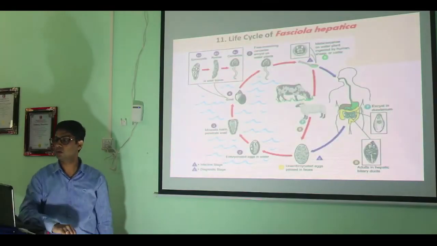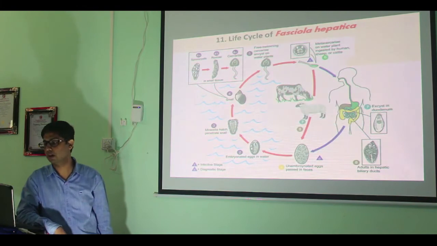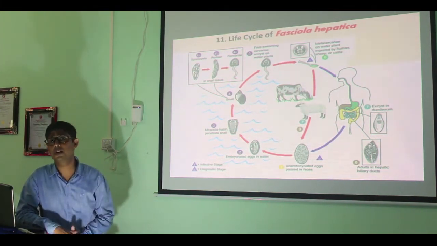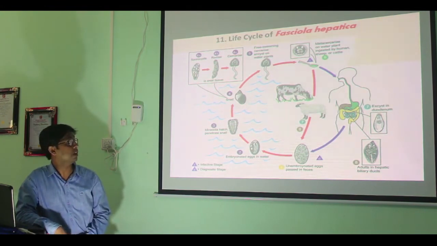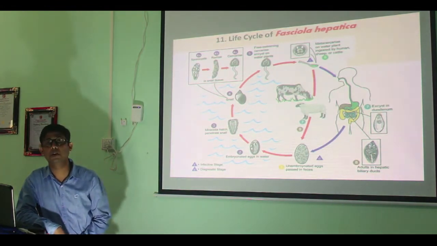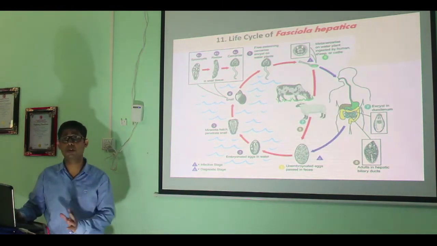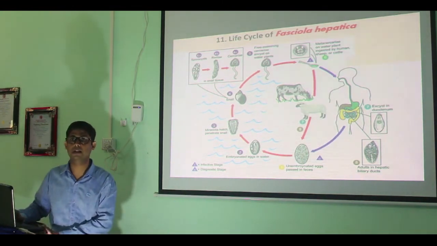Now let us know the full life cycle of Fasciola hepatica. You see, the life cycle of Fasciola hepatica is a very complicated one comprising 2 different hosts, the primary host and the secondary host. Inside the body of the primary host, copulation occurs and fertilized eggs are formed.